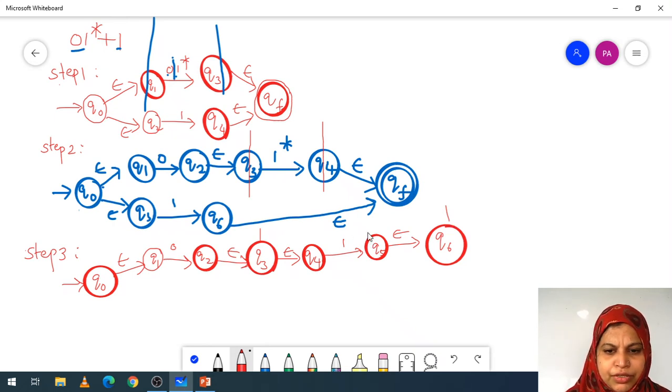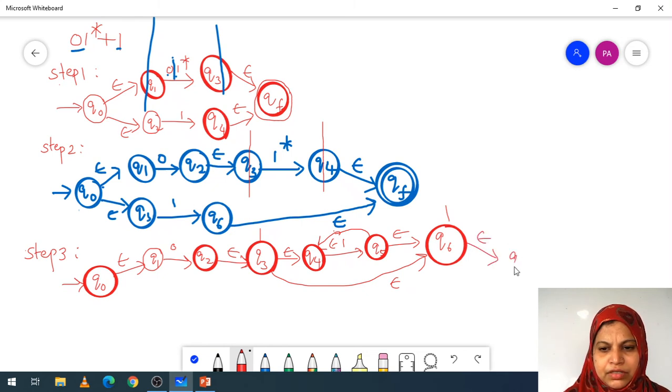So epsilon, this is epsilon, right? Remaining thing is as it is. So epsilon qf, final state is there, right?